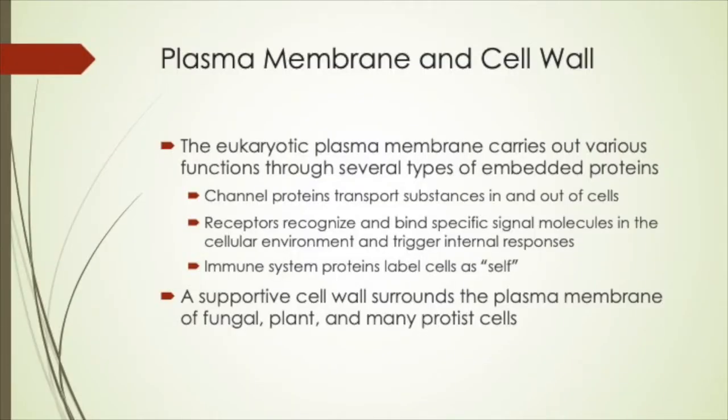All right, the eukaryotic plasma membrane carries out various functions because of those embedded proteins. So you have channel proteins that transport substances in and out, receptor proteins that can bind to the environment around it, and then you can have immune system proteins that can recognize different other things.